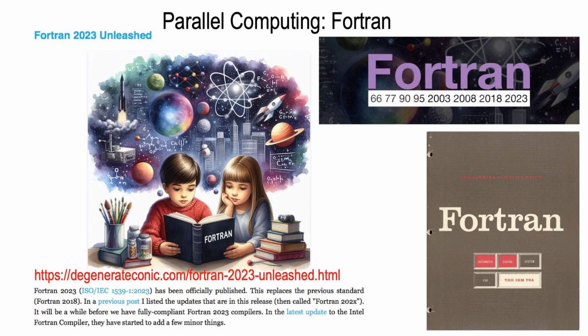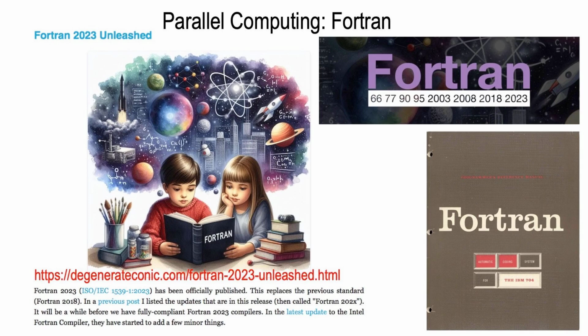Fortran, the longest-standing programming language still in widespread use, was born in 1957, with its initial standard released in 1966. Undergoing continuous updates since then, Fortran remains a pivotal language in high-performance computing. Its evolution spans standards like Fortran 66, 77, 90, 95, 2003, 2008, and Fortran 2018, and the most recent, Fortran 2023, released on November 17th last year.